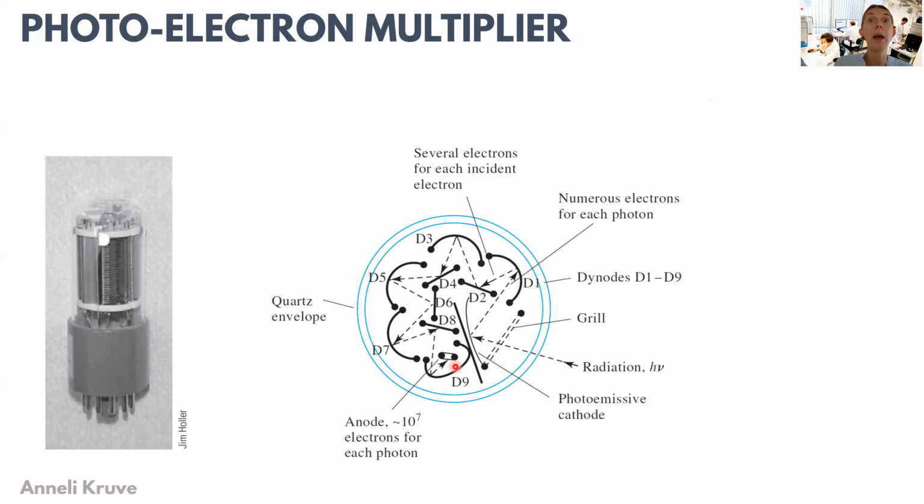In this example we have 9 dynodes, and at the very end we have an anode used to register the whole current produced as a result of this increasing electric signal. So we amplify the signal with the dynodes.